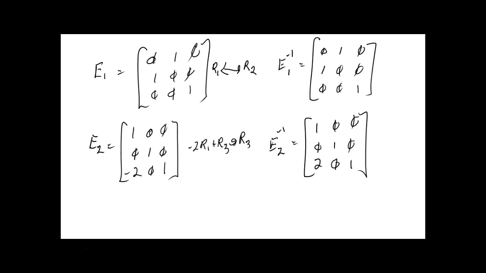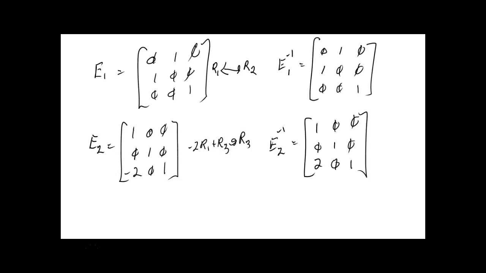Negative 2 plus 2 is? 0. Good. Zero. Yep, sure enough, that produces an elementary matrix. So that is the inverse of this one.